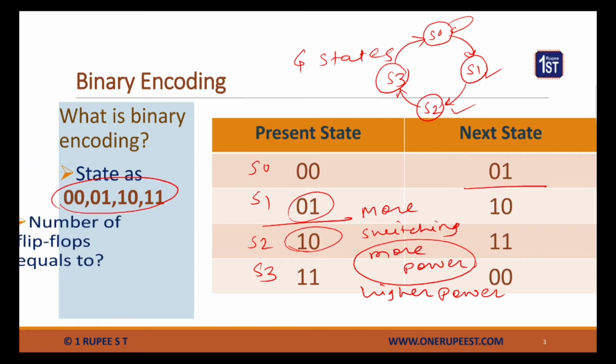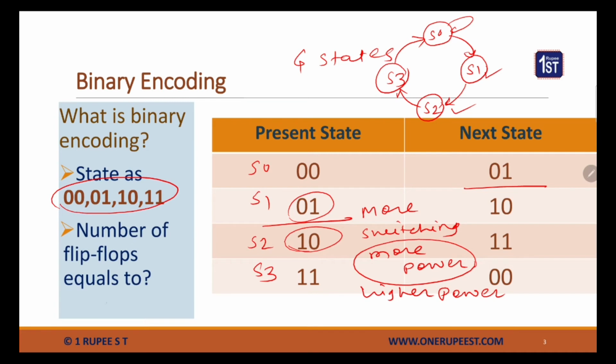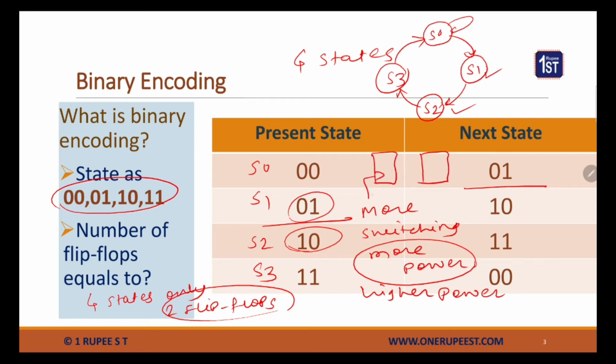Another important point is that although it needs fewer flip-flops, here for 4 states, only 2 flip-flops, if I consider the design where I have 2 flip-flops like this, then I need combinational logic.